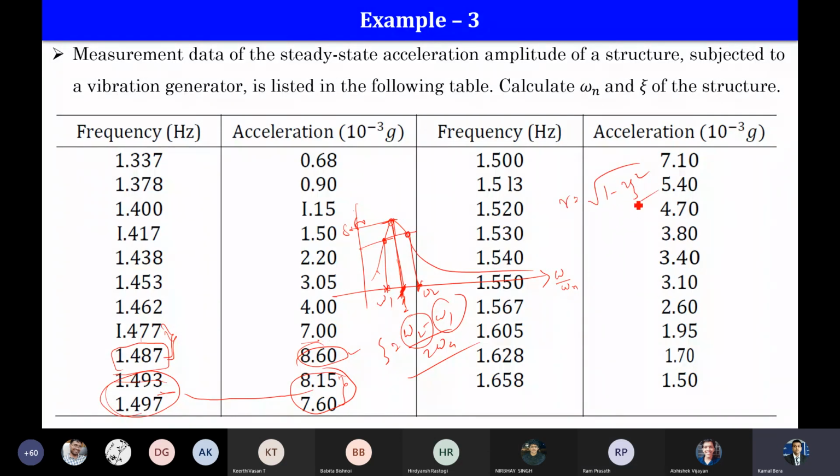But let's say zeta is small, and you check whether zeta is coming out small or not, then you can do one iteration also. So at r equal to 1 it will be the maximum, right? Peak amplitude will occur here. Is it clear? Yes, sir, it's clear.